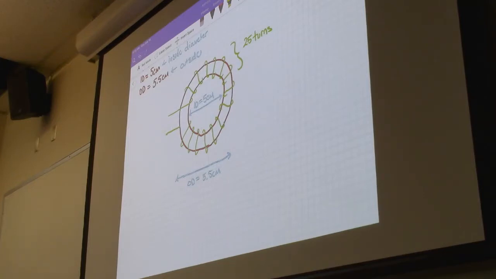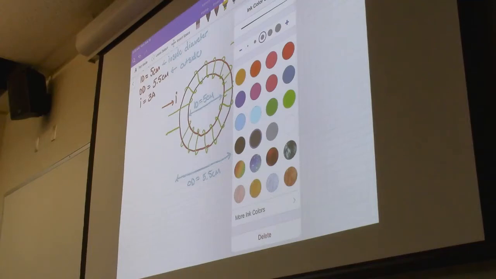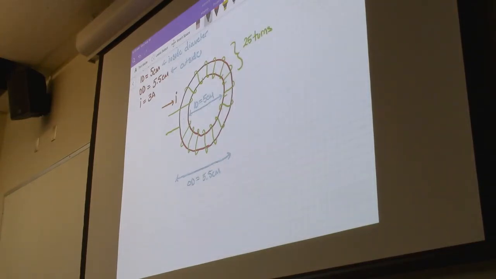We have a current flowing in, and they tell us that current is equal to 3 amps. And our mean path is shown in black.